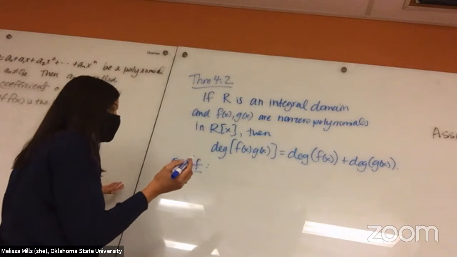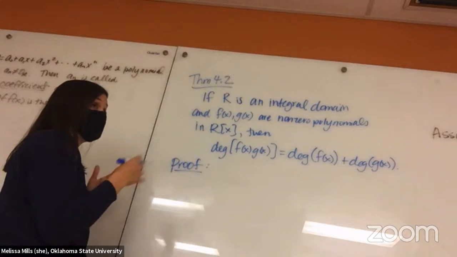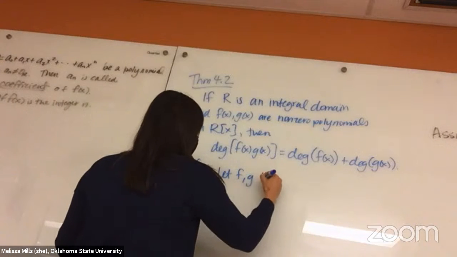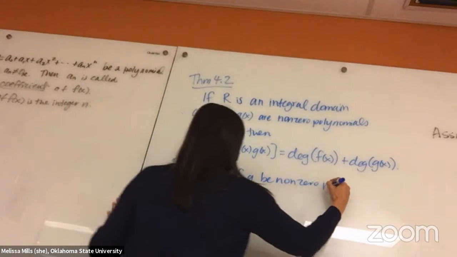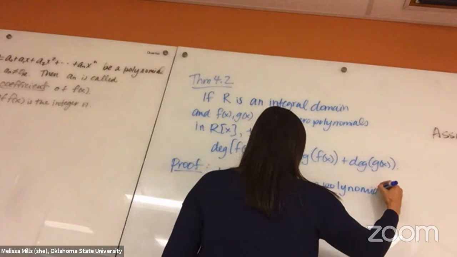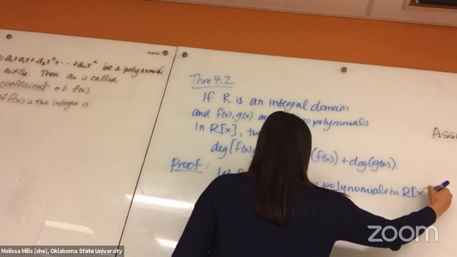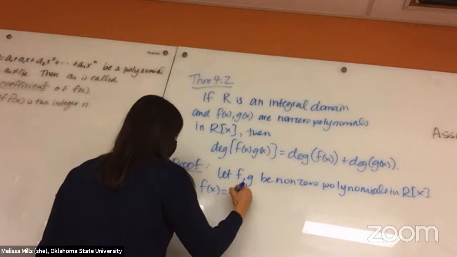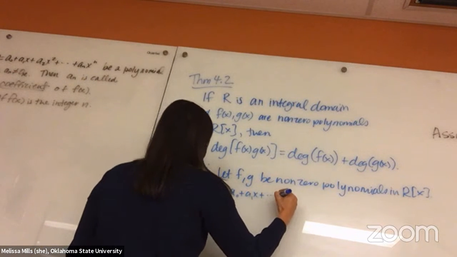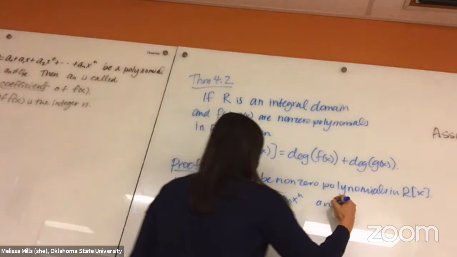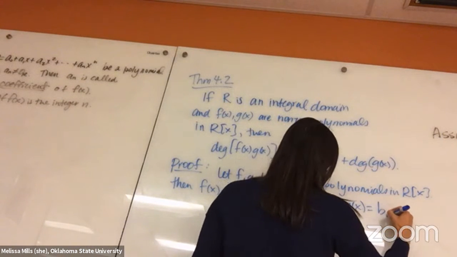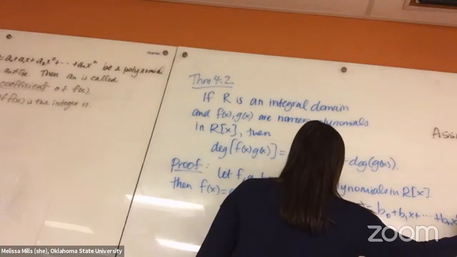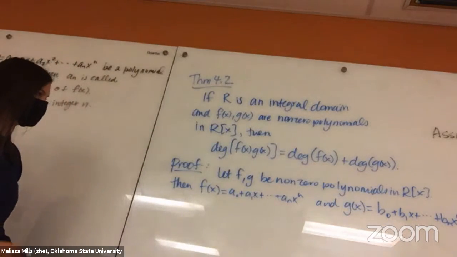So let's just let F and G be non-zero polynomials in there, and then they'll each have some sort of degree. So we'll just call them those things.